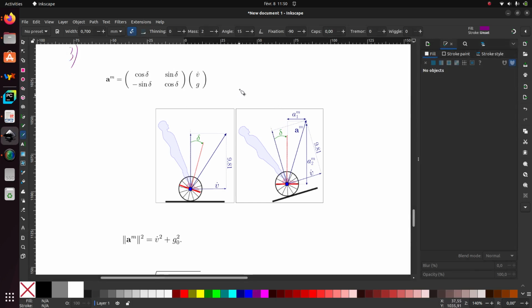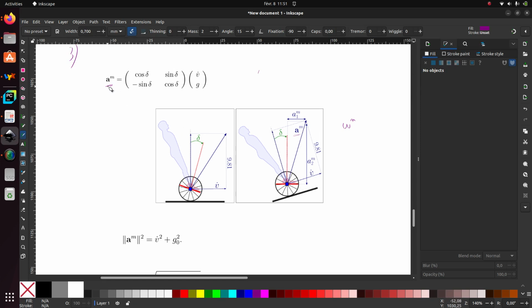So for this, I recall that I have a relation between the acceleration I measure, AM, and this measure is made in the sensor frame. So the sensor is the blue box we have here. It collects AM and also the rotation rate omega m. I look now only at AM.